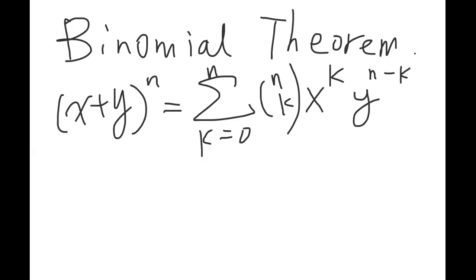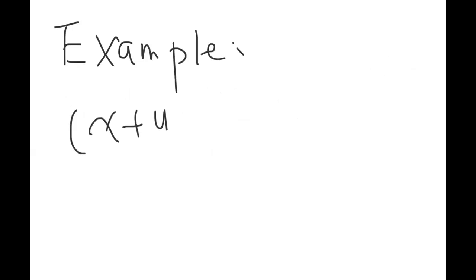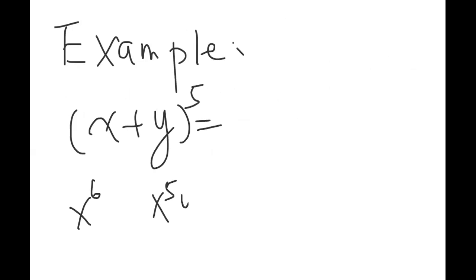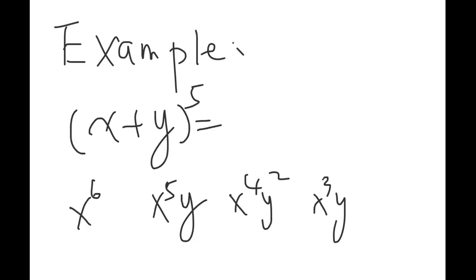Okay. So for example, when you write x plus y to the 5th power, you know that when you expand it, you would have 6 terms: x to the 5th, x to the 4th times y, x cubed y squared, x squared y cubed, x y to the 4th, and y to the 5th.